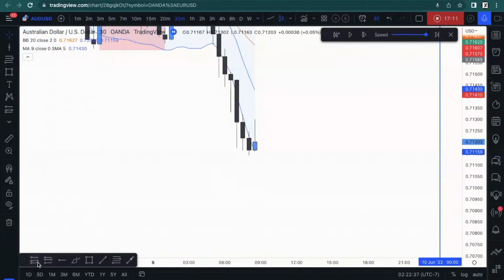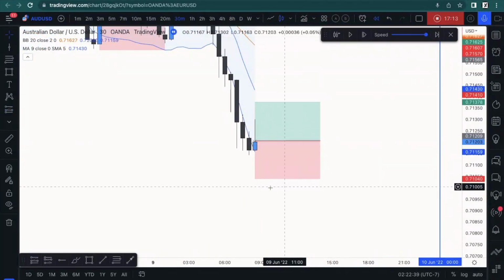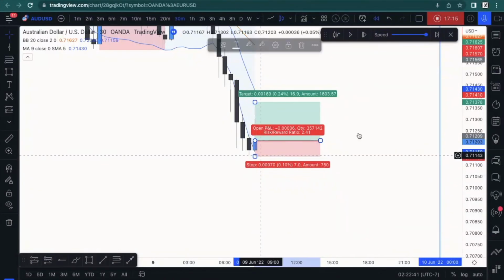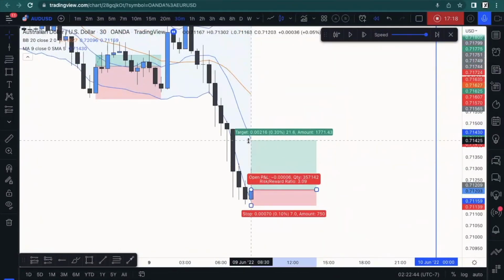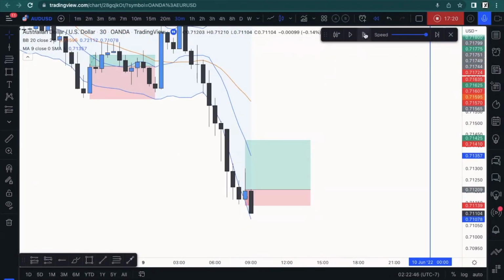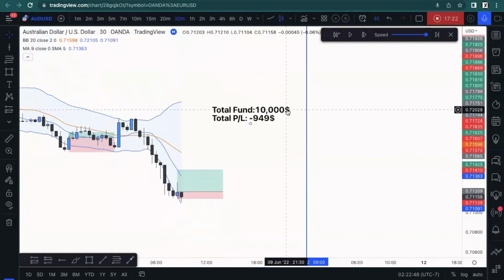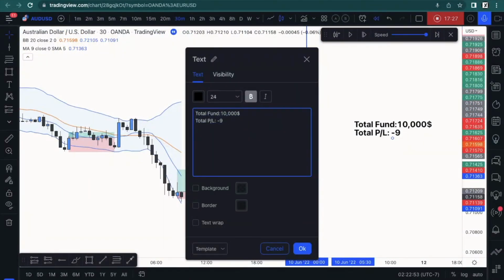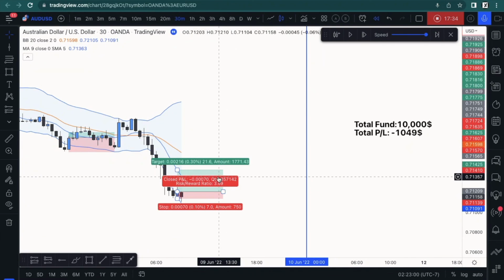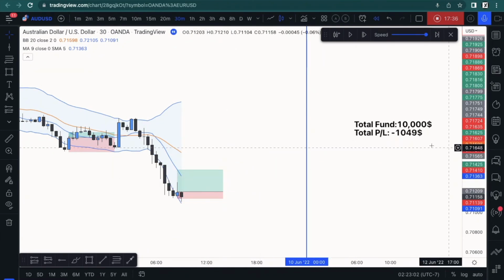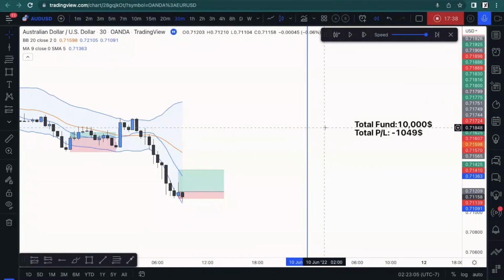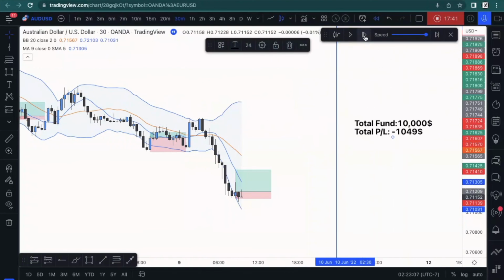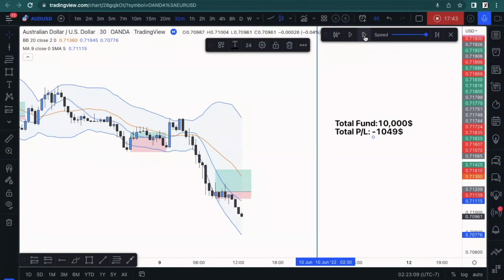Okay, we have our price close inside the Bollinger Band, stop loss at the swing low, and take profit right here. Another loss. This is not something new. I'm actually losing faith in this strategy. So total loss of $10,049. It's not even the first 10 days of the month, and we've already lost like 10% of our account. So that's bad.